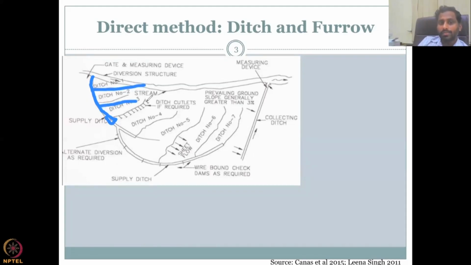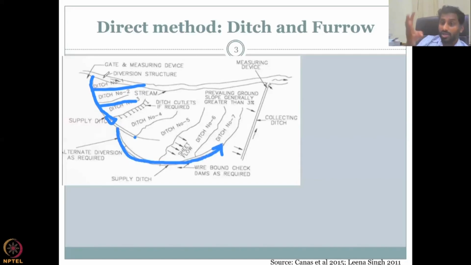And then it also has deeper ditches called furrows. So you have all these ditches that are coming, and then alternate diversion as required. So sometimes water can just stop here, and maybe that's all the land there is in that particular area to recharge, so you take another land here and then do it.